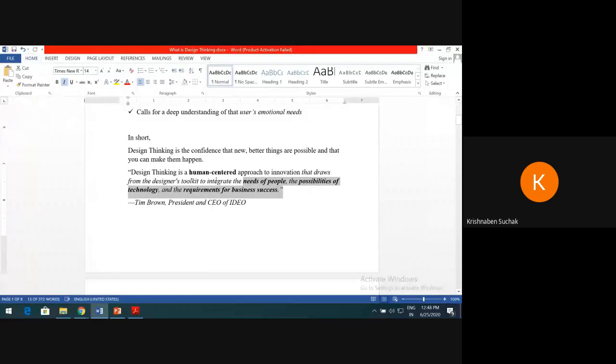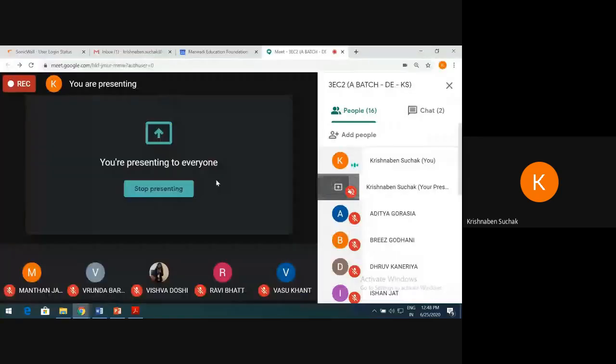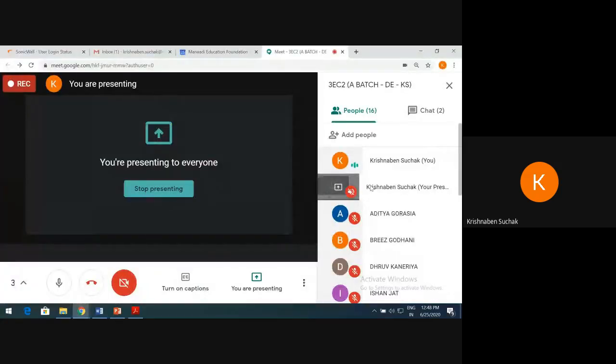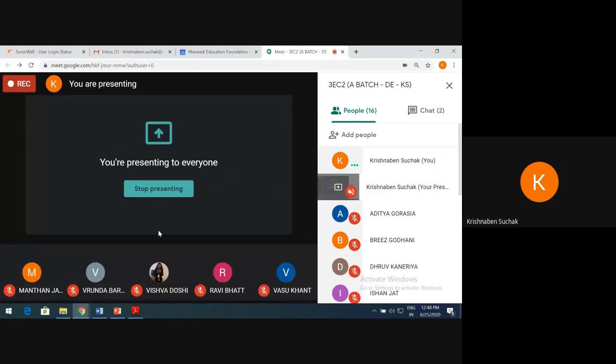Can you give me ideas? Each and everyone has to give me ideas. Please take 5 minutes, find something where all these three things apply, and share your ideas.